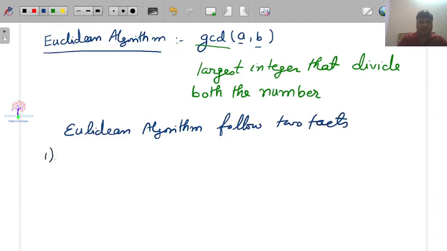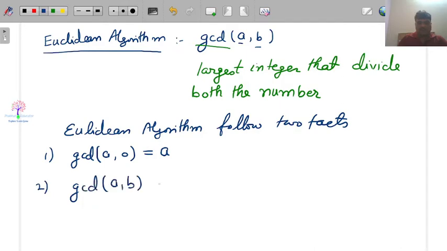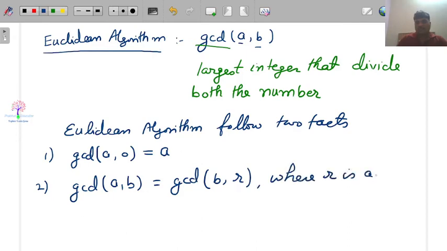First fact is GCD of A and 0 becomes A, and second fact is GCD between A and B is equal to GCD between B and R, where R is the remainder when A is divided by B.